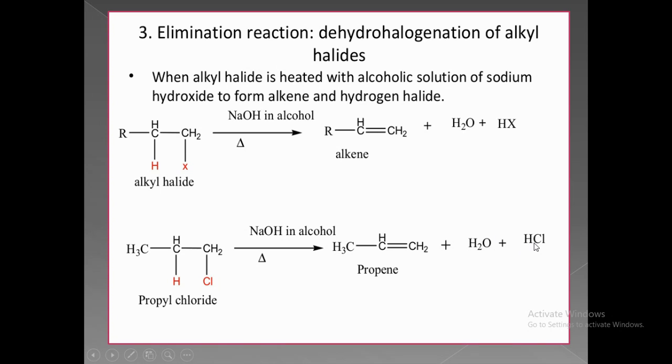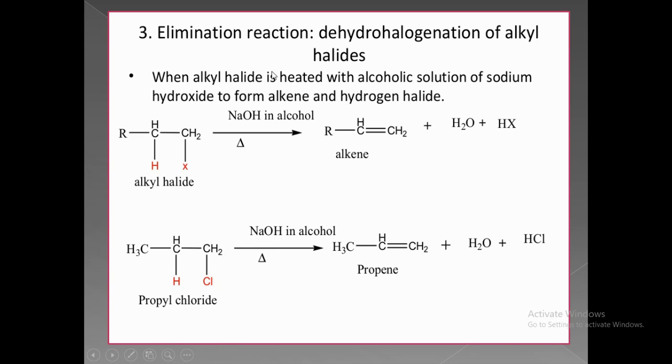HCl is the smaller molecule eliminated from here. There is no addition of anything to this substrate, only removal of a smaller molecule, HCl, and the product is generated. That's why it is called an elimination type of reaction.